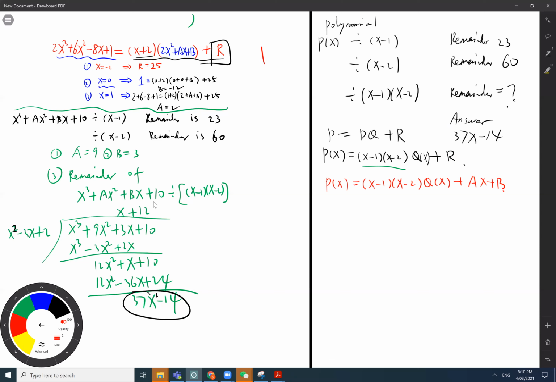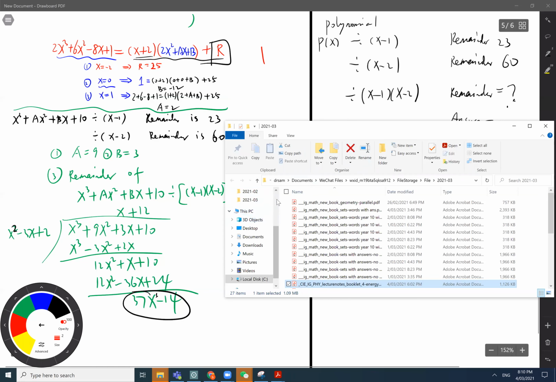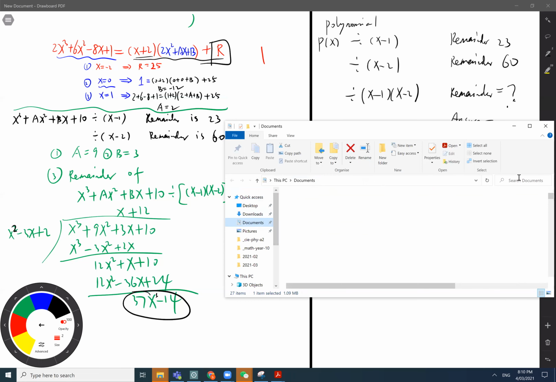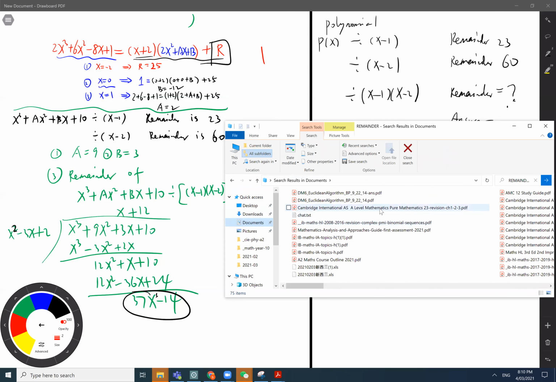Maybe we're back to this question later on because this one is too hard. We check more remainder theorem. Here, okay.